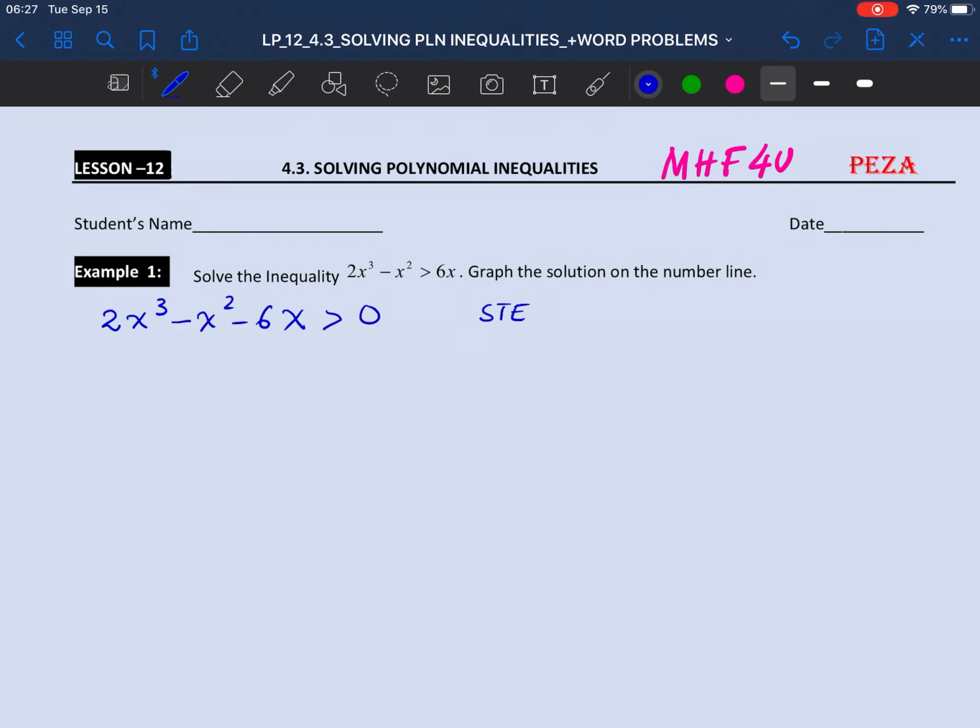And I'm going to write the steps as I go. All terms to one side, zero on the other.